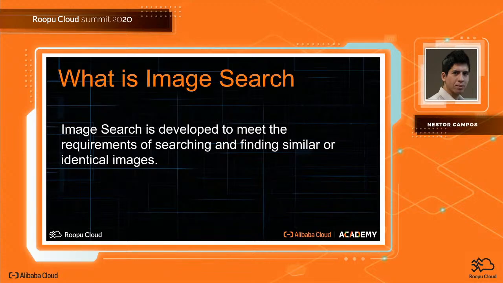Another definition is image search is developed to meet the requirements of searching and finding similar or identical images. So now I can say you can build or develop a search engine with image and not word or text.